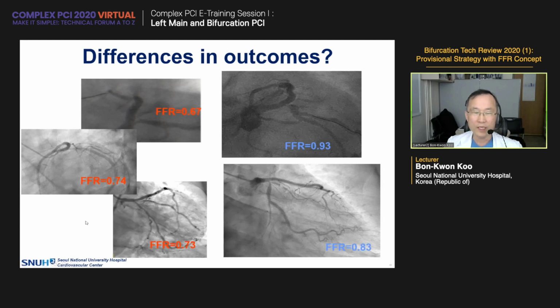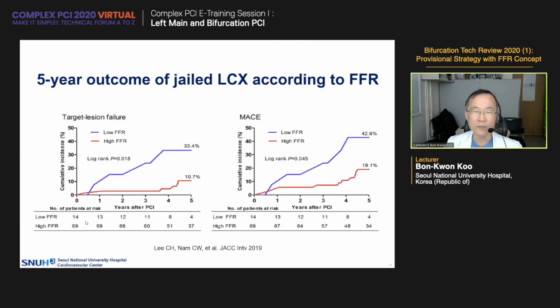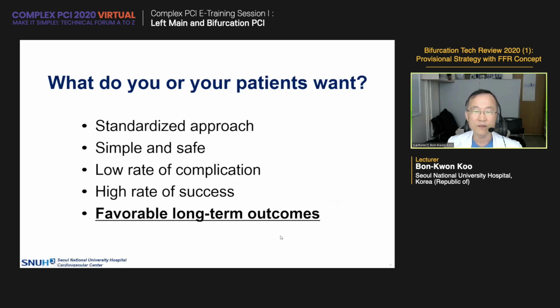People may criticize that, as anatomically all are significant, and say they don't care that much about physiology, and don't think physiology makes an outcome difference. But here, when you see the data, the 5-year outcome of jailed circumflex according to FFR, low FFR has a far worse outcome, almost 3 times higher risk of events than high FFR, and the high FFR 5-year event rate is only 10%. So it's safe and FFR matters.